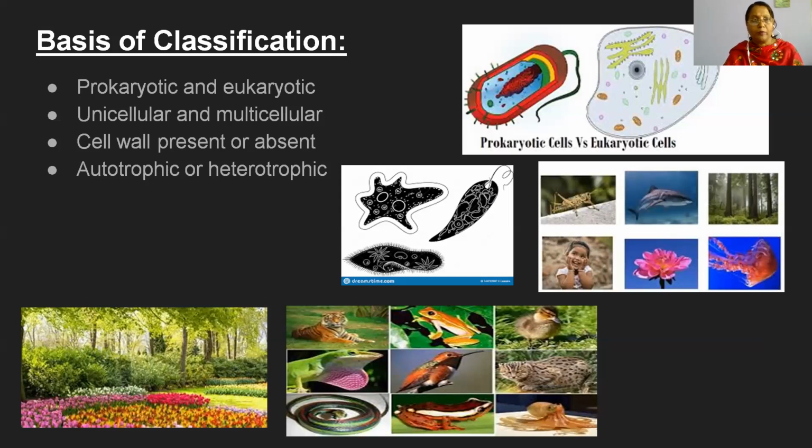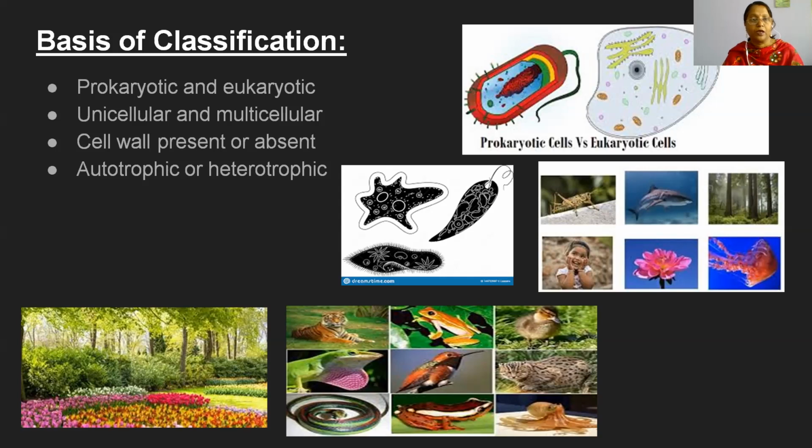So, the main characteristics considered for classifying all organisms into different groups are whether they are prokaryotic or eukaryotic. First of all, what do you mean by prokaryotic? Prokaryotic means those organisms which do not have a well-defined nucleus, and they also lack membrane-bound cell organelles.